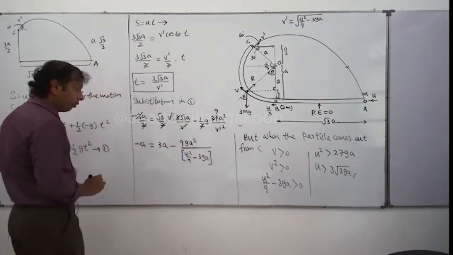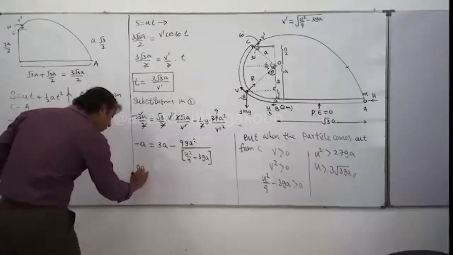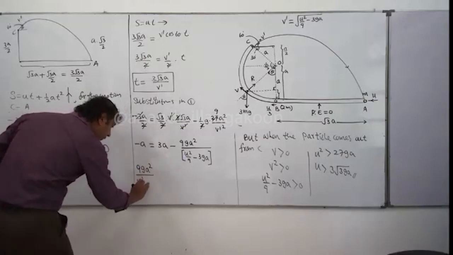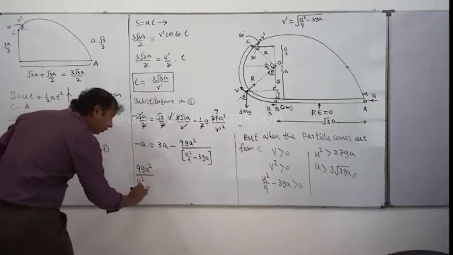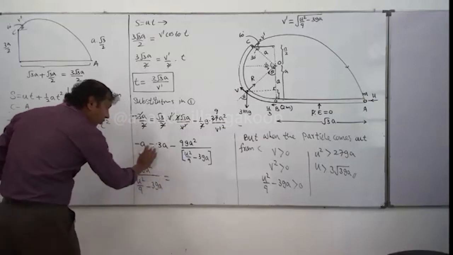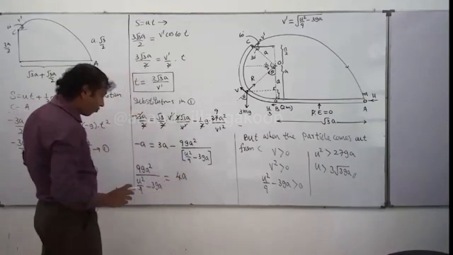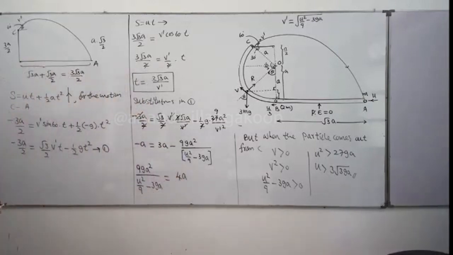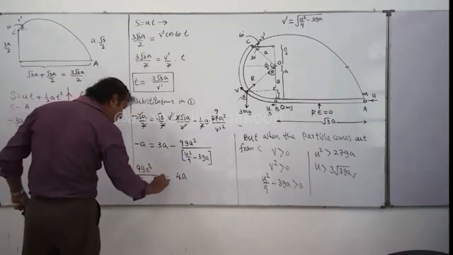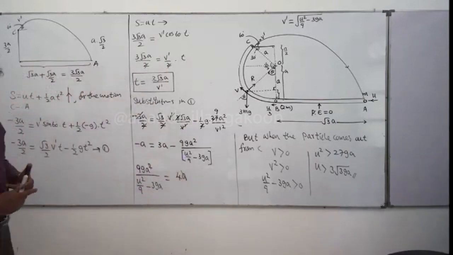Okay, right, bring this to this side. 9gA squared divided by u squared by 9 minus 3gA. Take this side, that will be equal to 4A. Now, one A you can cancel down with this and simplify this, you must get this answer.